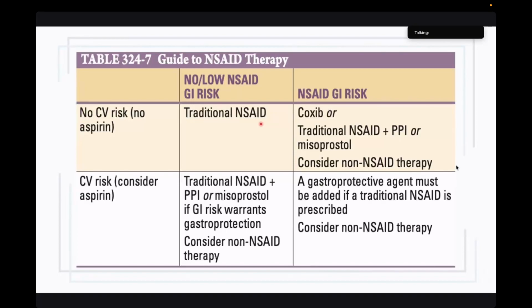If there is no cardiac risk, but there is a gastrointestinal risk, we can use COX-2 inhibitors, traditional NSAIDs plus PPI or misoprostol, or maybe consider other options for pain. For those patients with severe risk, COX-2 inhibitors are not recommended. So we use either traditional NSAIDs and add proton pump inhibitors, or consider other options instead of NSAIDs.